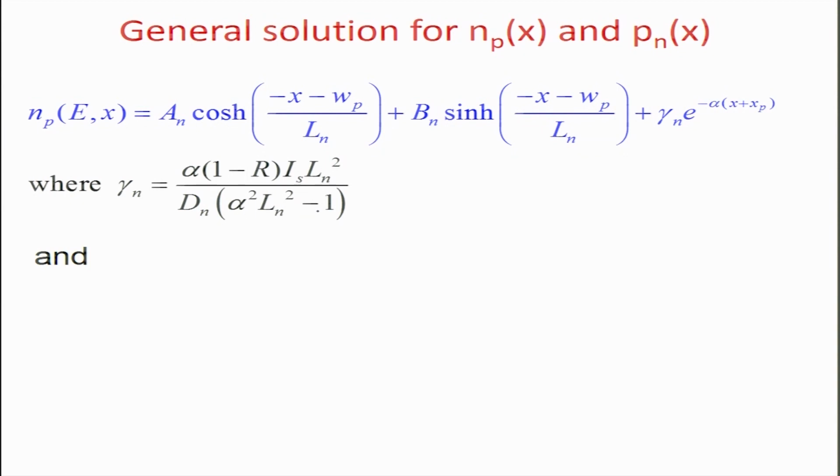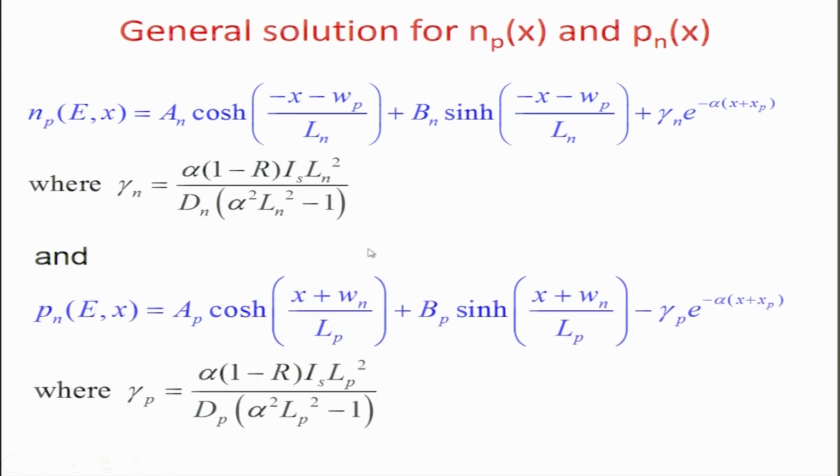We will see this later in a little more detail, but let us first go through the general forms. Then for Pn(x) as a function of distance you have similar terms.